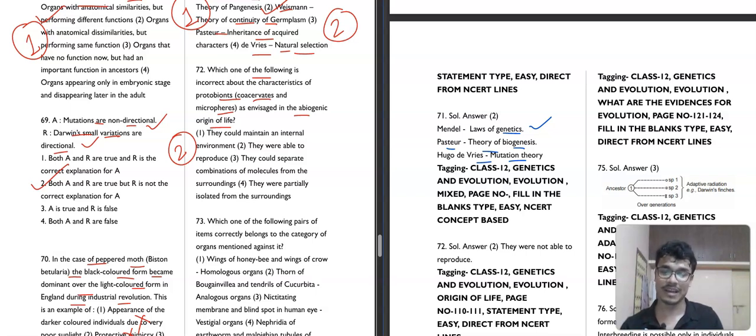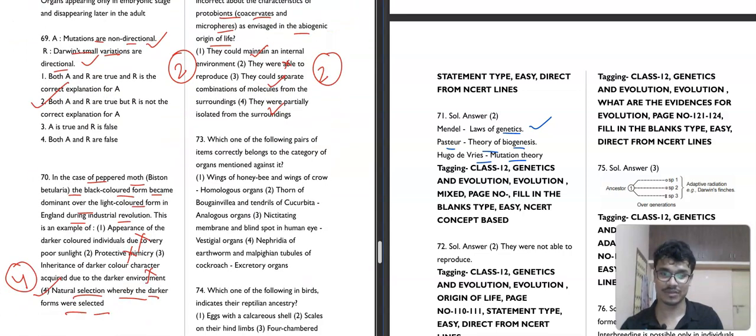They could maintain an internal environment. No, I mean, this is correct. Then they were able to reproduce. No. Coacervates and microspheres would not be able to reproduce. They could separate combinations of molecules from surroundings. Correct. Then they were partially isolated from surroundings. Correct. So the second option will be our correct answer.